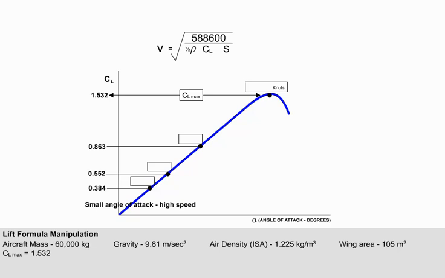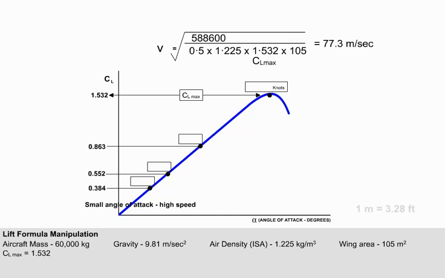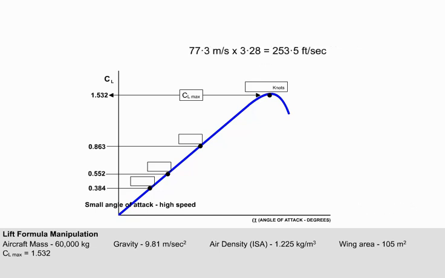If we convert the other elements, assuming ISA sea level density of 1.225 and a wing area of 105 square meters, using the CL max of 1.532, we now have the equation looking like this. When the calculation is done, the answer comes out as 77.3 meters per second. We need this speed in knots, so we multiply it by 3.28, which is feet per meter, giving 253.5 feet per second.